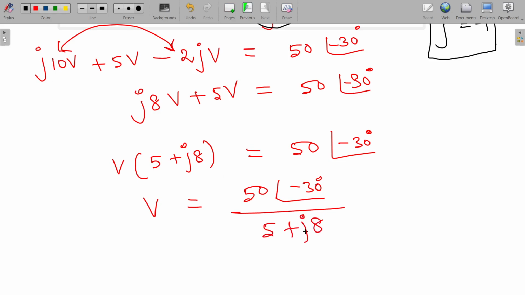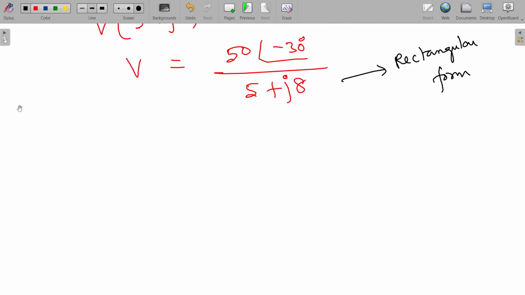Now, 5 plus j8 is in the rectangular form, isn't it? But here we want to perform a division. Whenever you want to perform multiplication or division, we prefer to have it in the polar form.